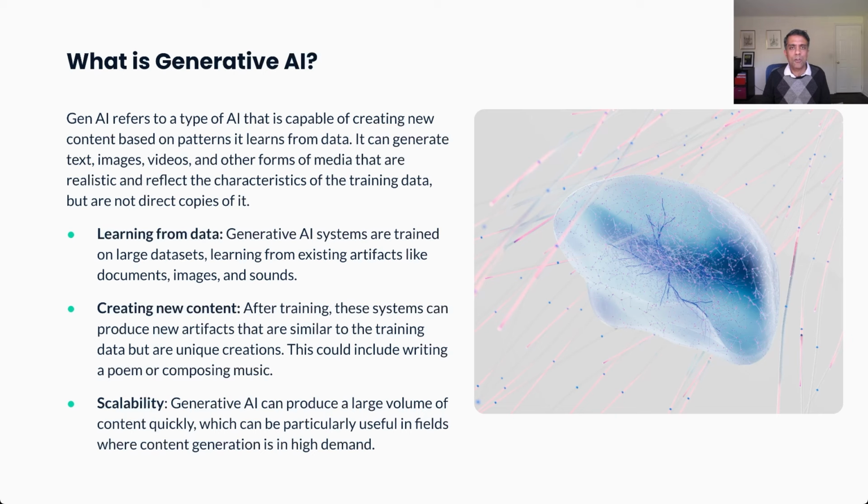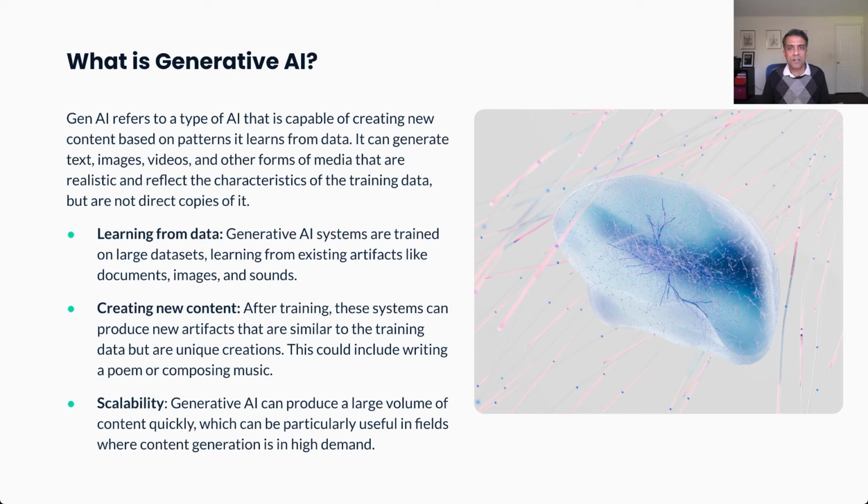Generative AI, or Gen AI, refers to a type of AI that can create new content based on patterns it learns from training data. This is in contrast to traditional AI, which is typically designed to perform specific predefined tasks. With Gen AI, the system learns from large data sets of existing content, such as documents, images, and audio.